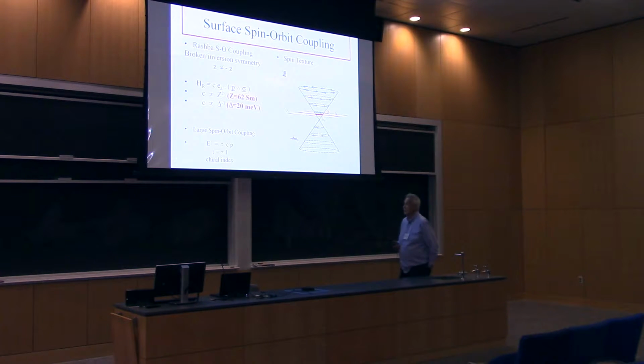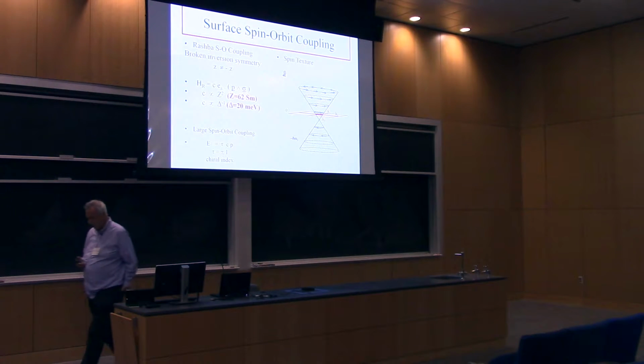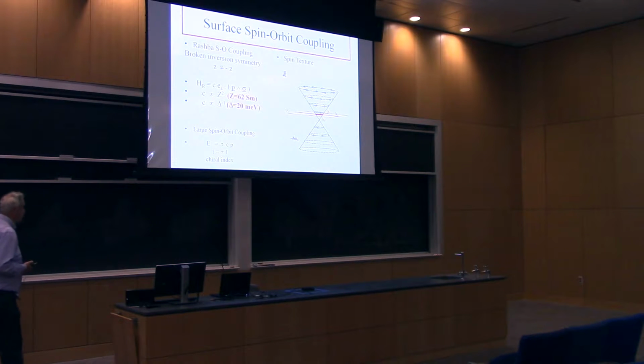And when you use this Rashba Hamiltonian, what you find is a Dirac, actually a Weyl cone, with an energy dispersion equals tau times c times p. C is the analog of the Fermi velocity, or velocity of light, and tau is the helicity index.